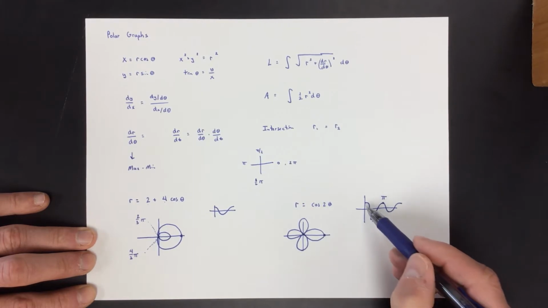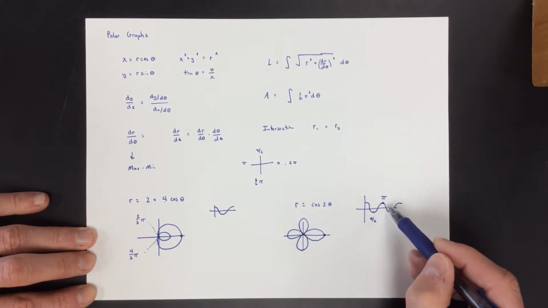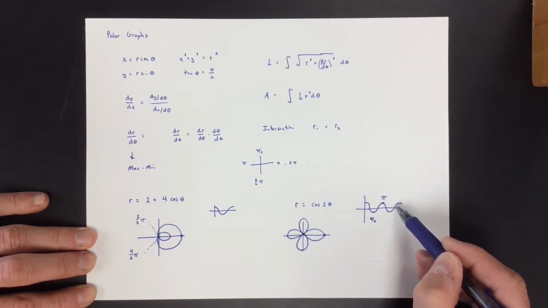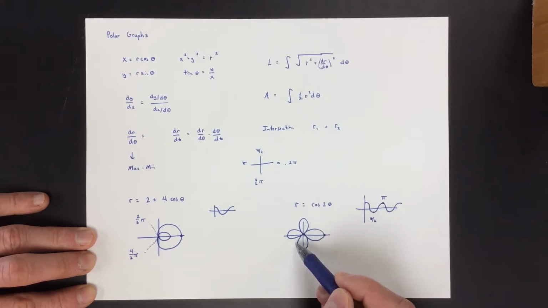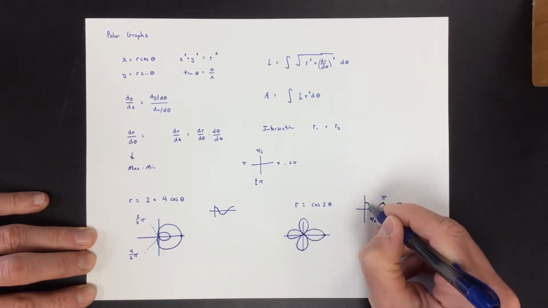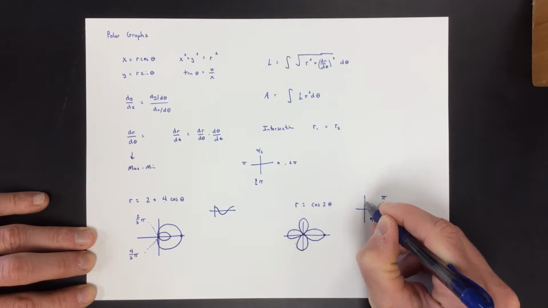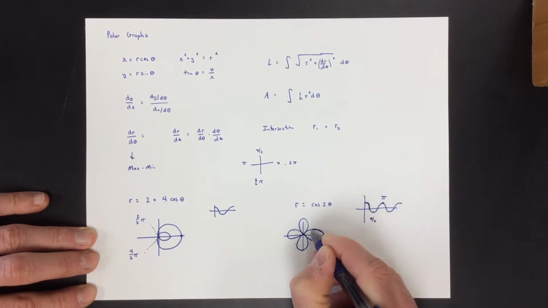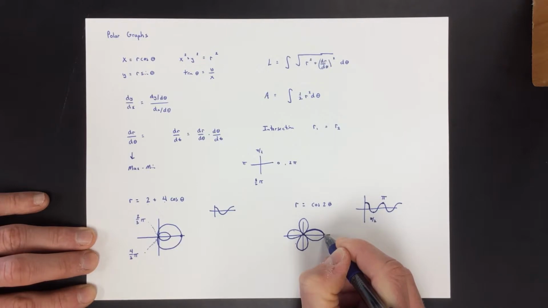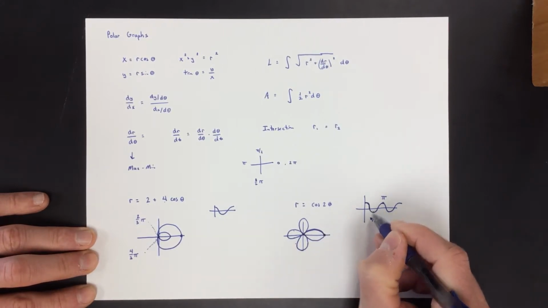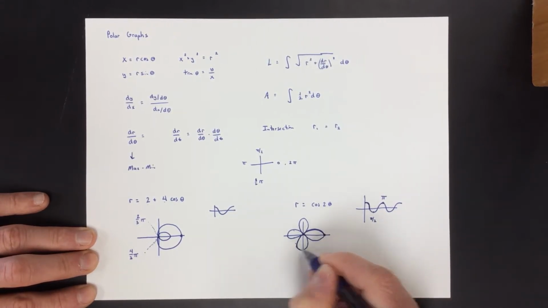So each one of these, 1, 2, 3, 4, 5, 6, 7, 8, is the same thing. Each one of these humps here corresponds individually to one of these things. So that guy right there corresponds to that guy. Okay, this is this next one.